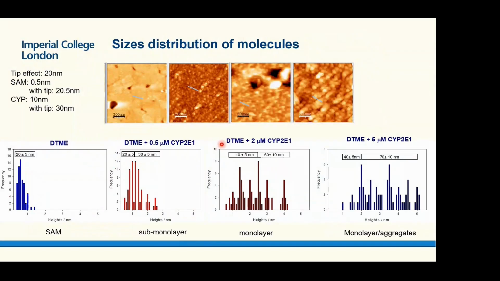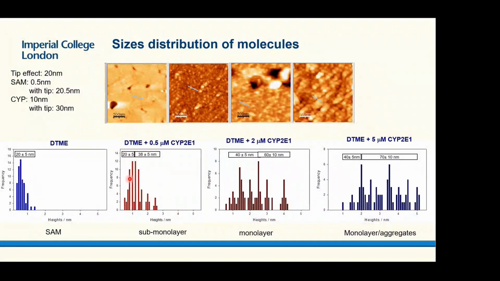So by doing that, we then did a study of the formation of the layer on the surface, and we can see that when we look at the self-assembly layer, we get a Gaussian distribution centered with a height of about 0.6 nanometer that corresponds to the height of the self-assembly layer. And then when we add the protein, we can see that this Gaussian distribution shifts to higher value, though initially it's not completely shifted.